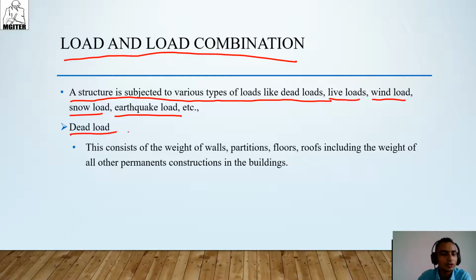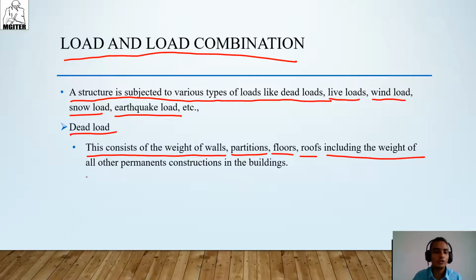So first of all we are going to understand the dead load. Dead load consists of the weight of walls, partitions, floors, roofs, including the weight of all other permanent constructions in the building. Understood?